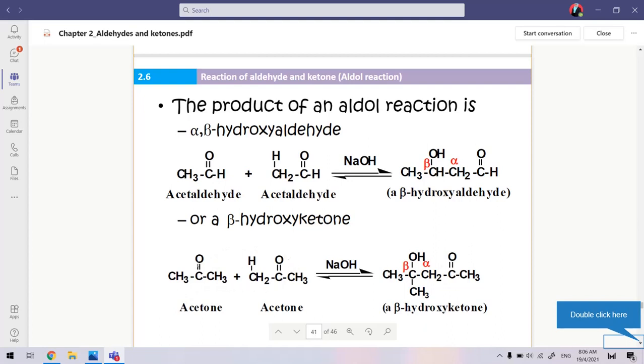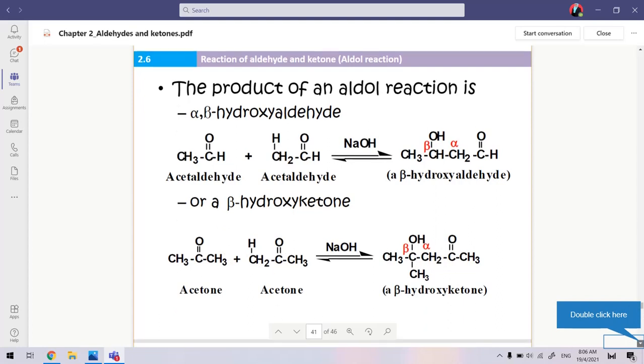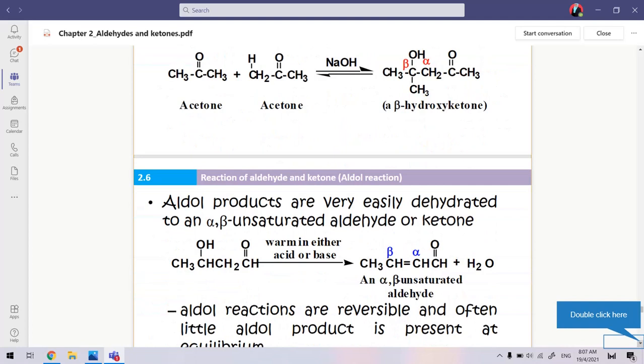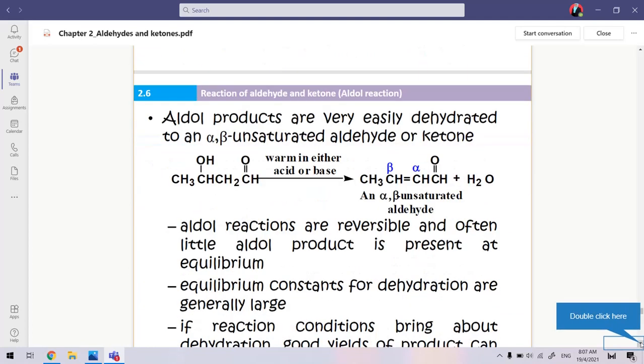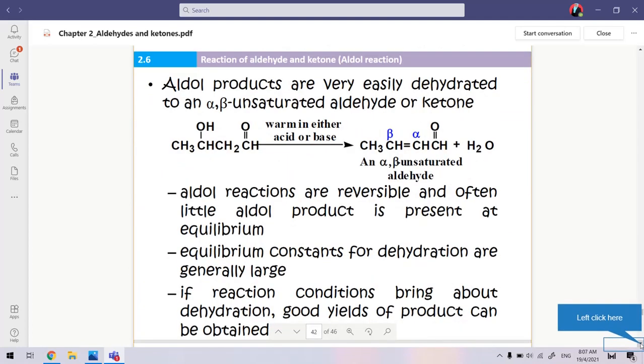So it will produce here the first group of ketone, the double bond O will change to OH, and it attaches to this CH2 and C double bond O CH3. This is the aldol reaction of aldehyde and ketone. Aldol products are very easily dehydrated to an alpha beta unsaturated aldehyde or ketone.